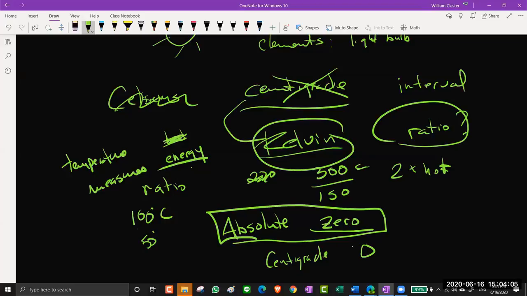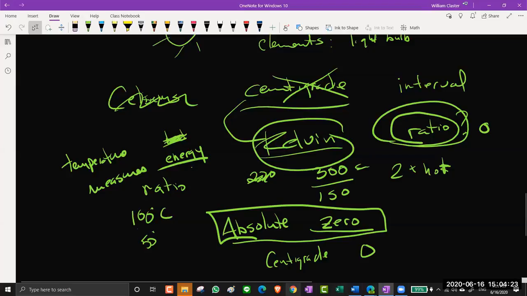So that's the idea behind ratio data. You have to have a zero that means the absence of whatever you're trying to measure.